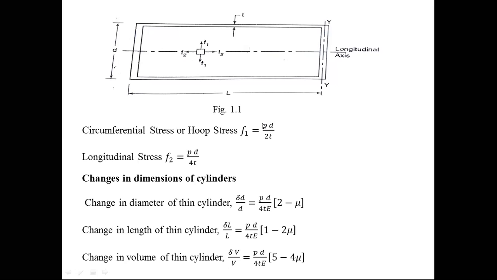What you have studied in mechanics of solids: if sigma 1 and sigma 2 are the major and minor principal stresses, what is the maximum shear stress? Maximum shear stress is the average of the difference of both stresses, that means sigma 1 minus sigma 2 by 2 is tau maximum.